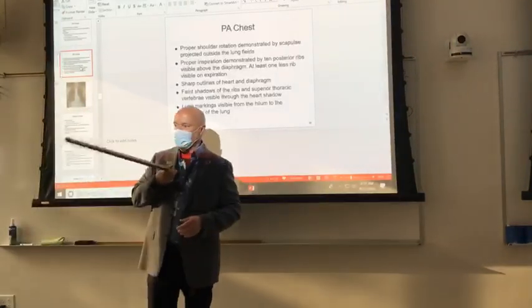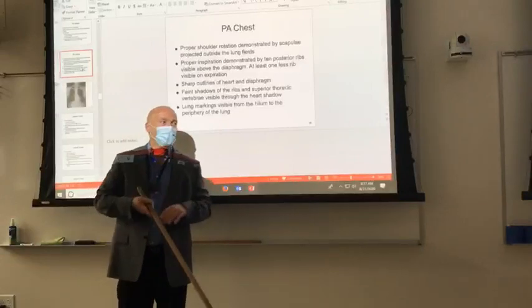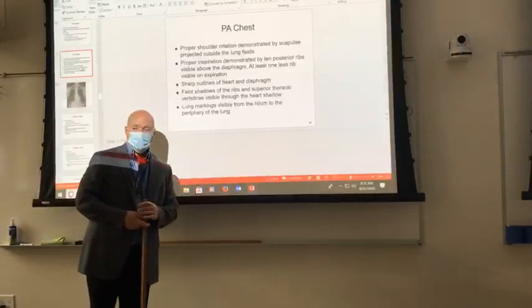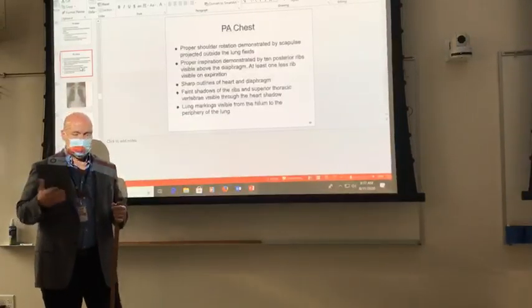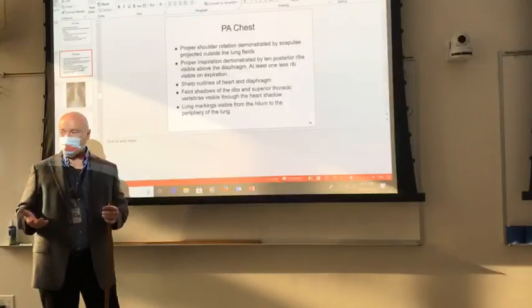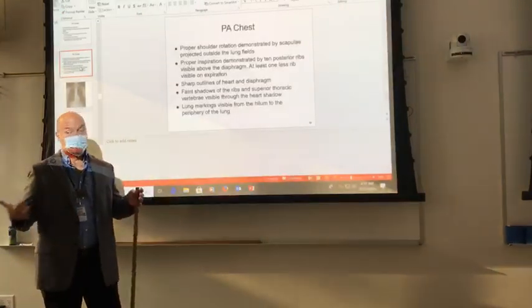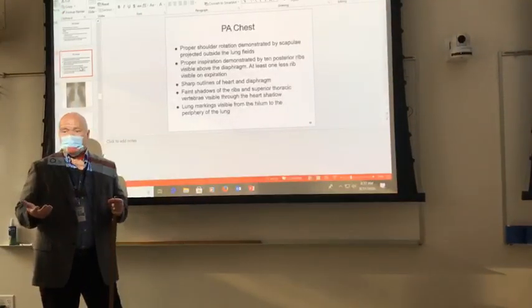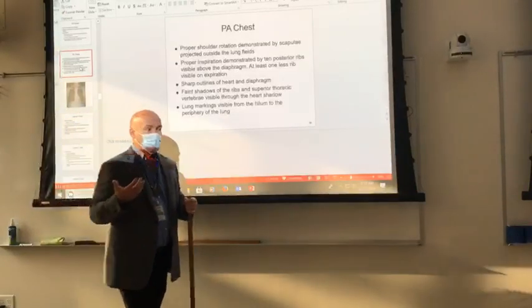AP would be the exact opposite of that: anterior, posterior. Lateral is just lateral. And if we get to it today, we've got some other terms as well. Oblique is really a position, but it is still going to be a projection as well.